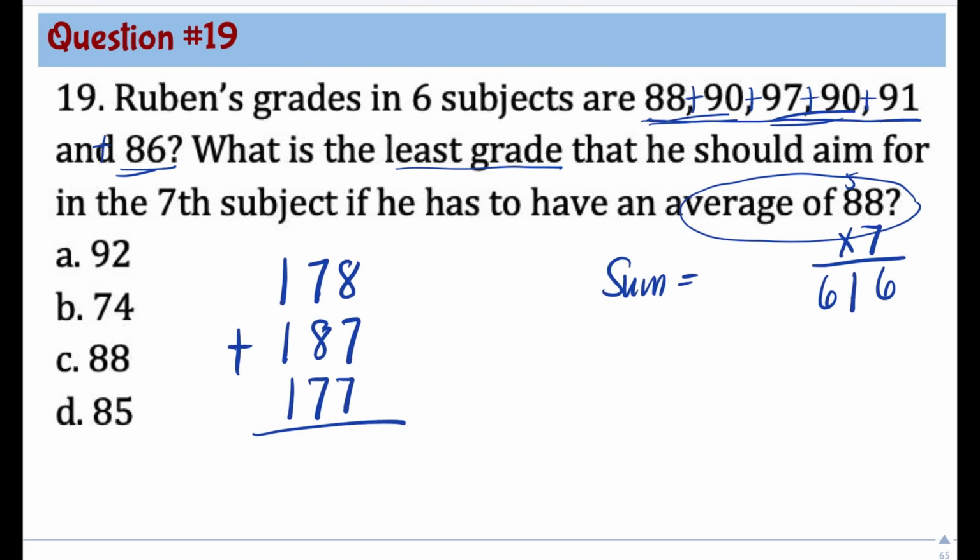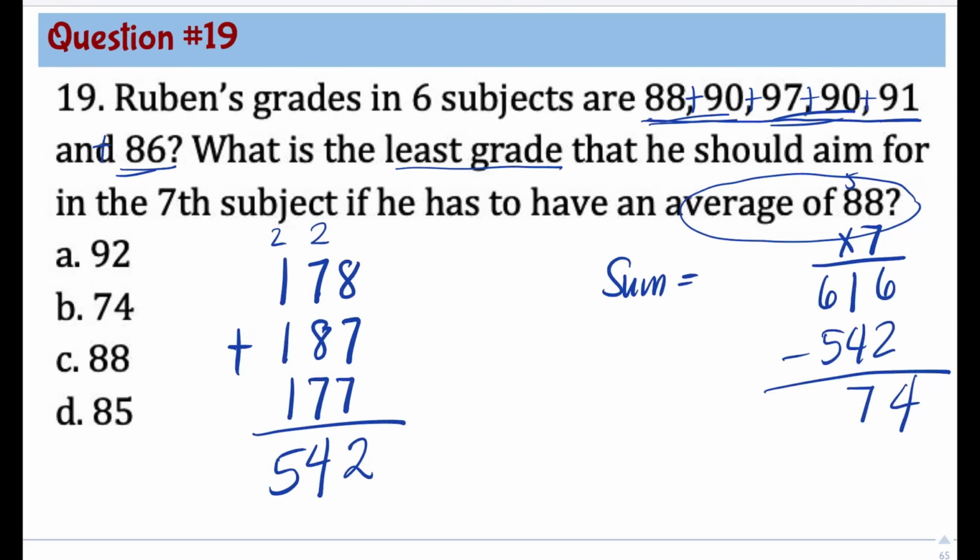So now by adding, that's 15, 22, carry 2, 9 and 15 is 24, carry 2, that's 542. Now we need to subtract 542 from 616. So we have 4 and 7. So that means his 7th grade has to be 74 or better to get an average of 88 or better.